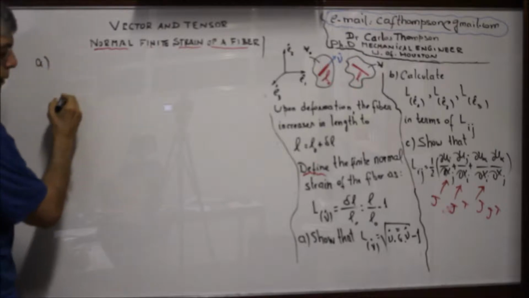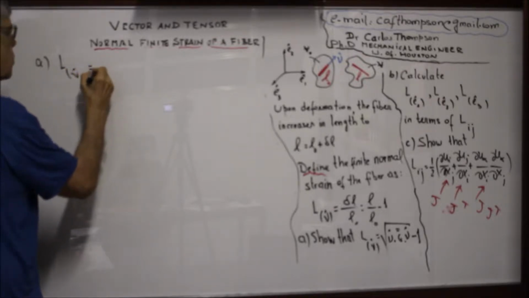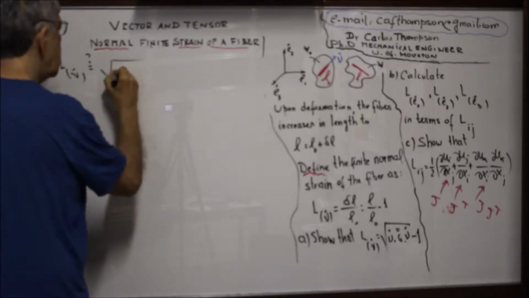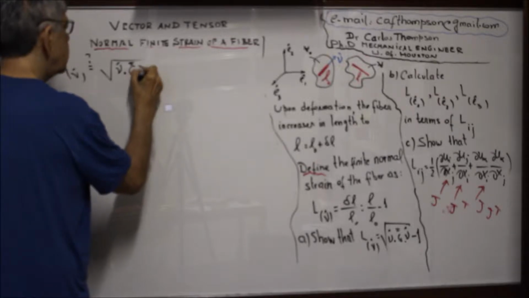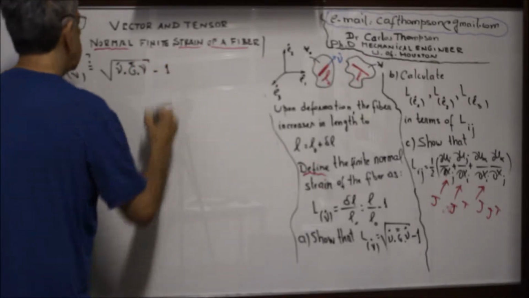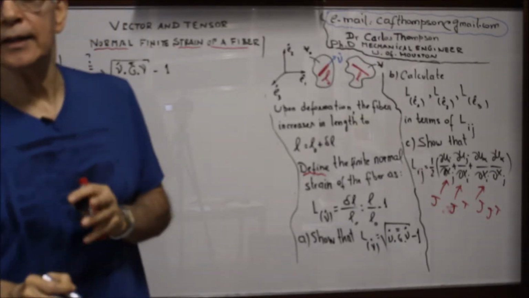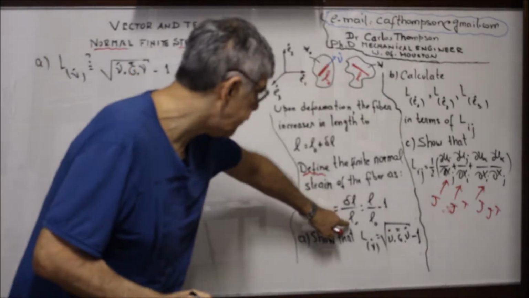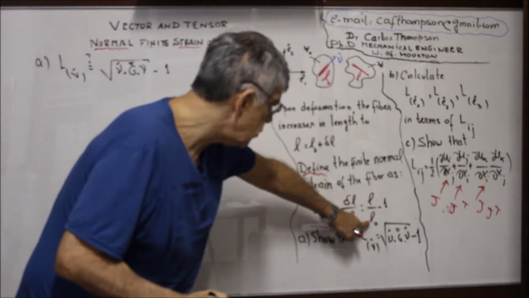A. In this case, the normal finite strain is equal to the square root of Ni dot G dot Ni, minus 1. As we pointed out in the last lecture, the importance of this delta L over L0 is equal to L divided by L0.